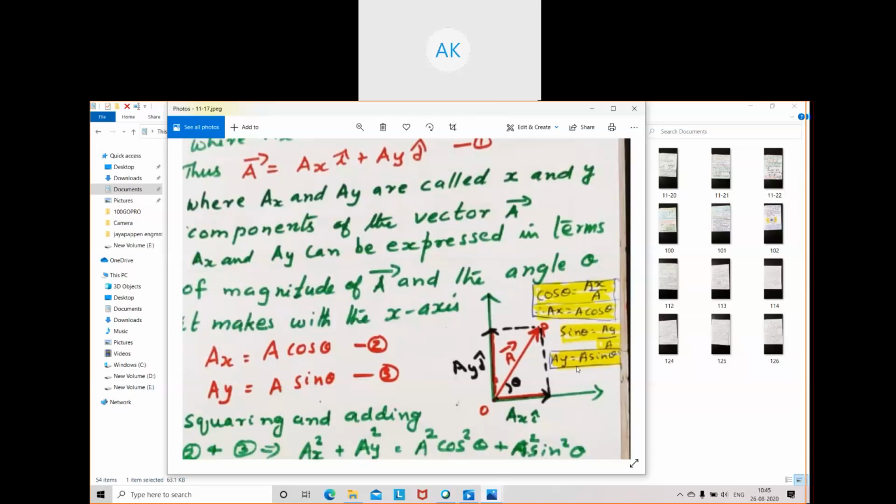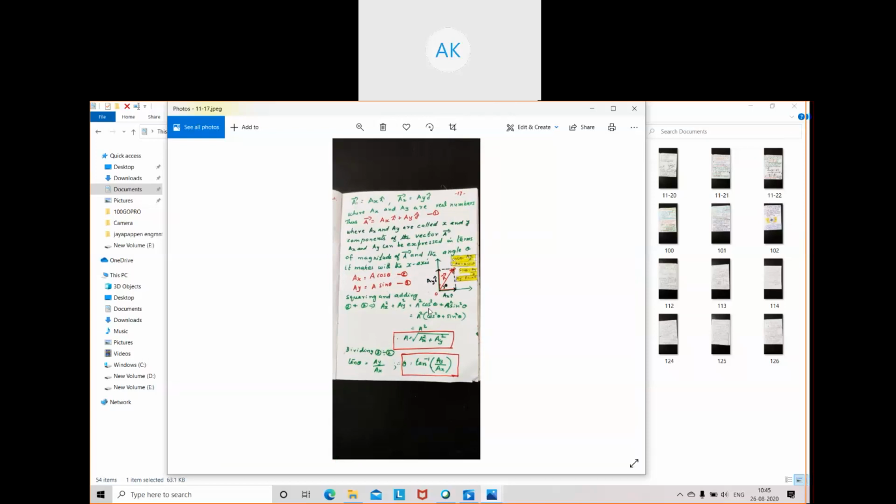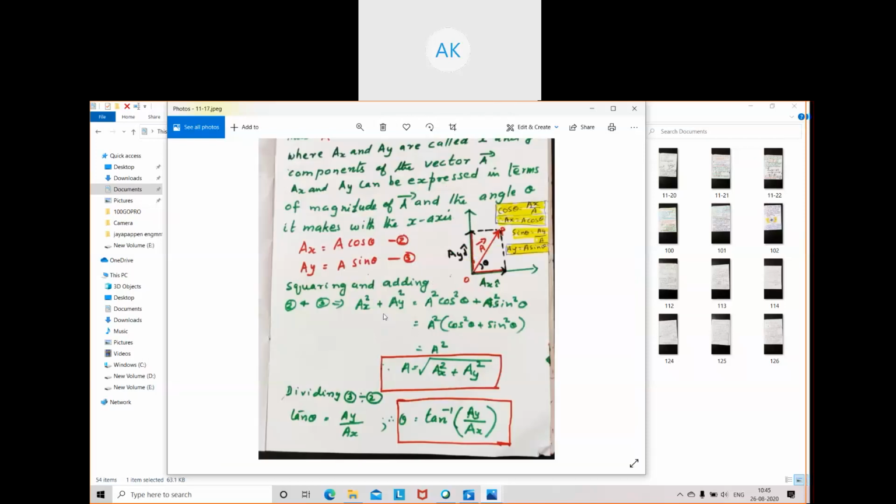So Ay equal to A sin theta, Ax equal to A cos theta. That we have to substitute in this formula. So we substitute that there and find the value of the magnitude of A in terms of its components.